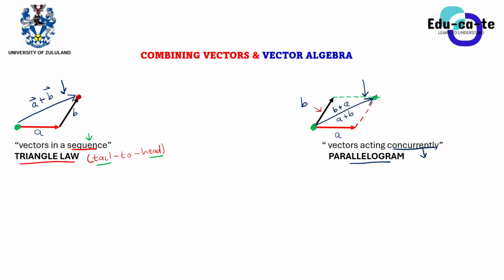It is just that the arrangement of the vectors is not the same. You can see that in the first case, the vectors are in a sequence, they are following each other. In the second case, the vectors are acting concurrently, or they are starting at the same point. So you apply two different techniques, but your resultant is practically going to be the same thing, because you've used the same vectors in this particular case.